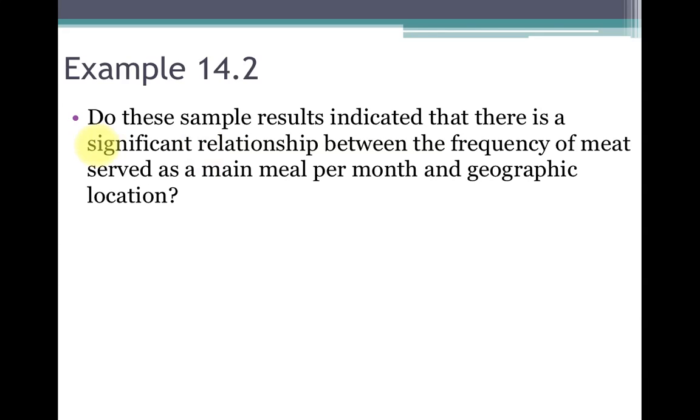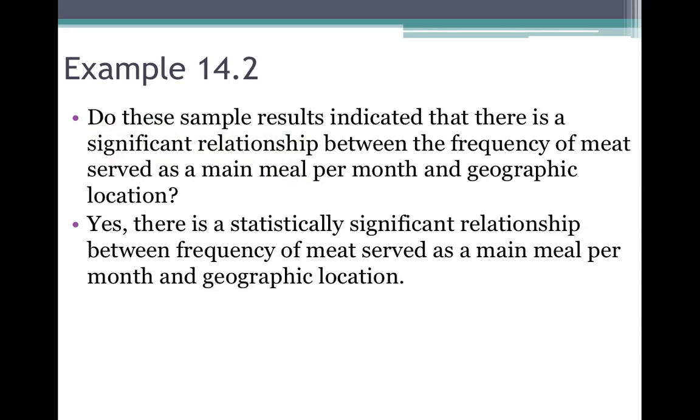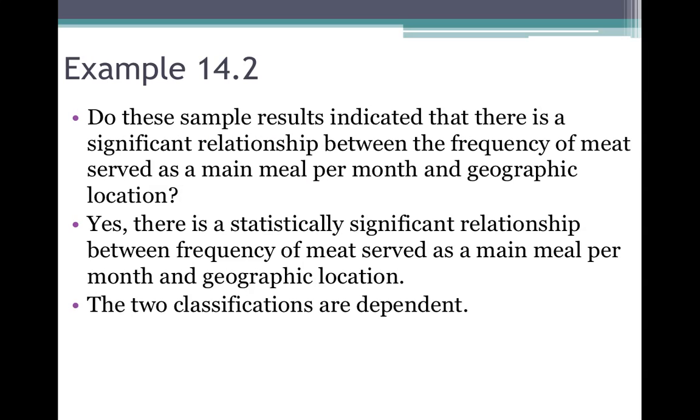So we've rejected the null hypothesis. So we have shown that we do have a significant relationship. Yes, there is a statistically significant relationship between frequency of meat served as a main meal per month and geographic location. And that means that the two classifications are dependent.